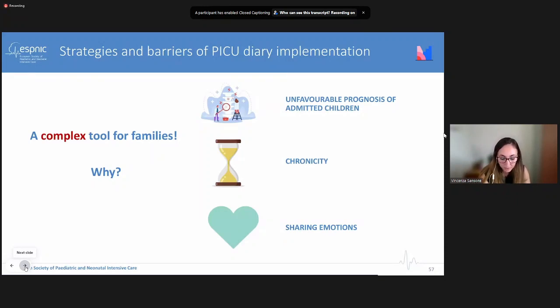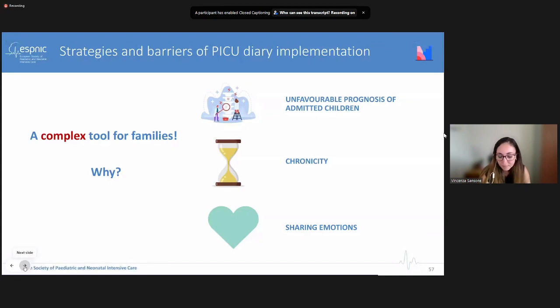Another element that can't help writing on the PICU diary is the presence of a child with chronic condition. In fact, a child with chronic pathology, a chronic disease, have sometimes long hospitalization. So parents experience hospitalization not as a break from routine, but a necessary passage of the disease.